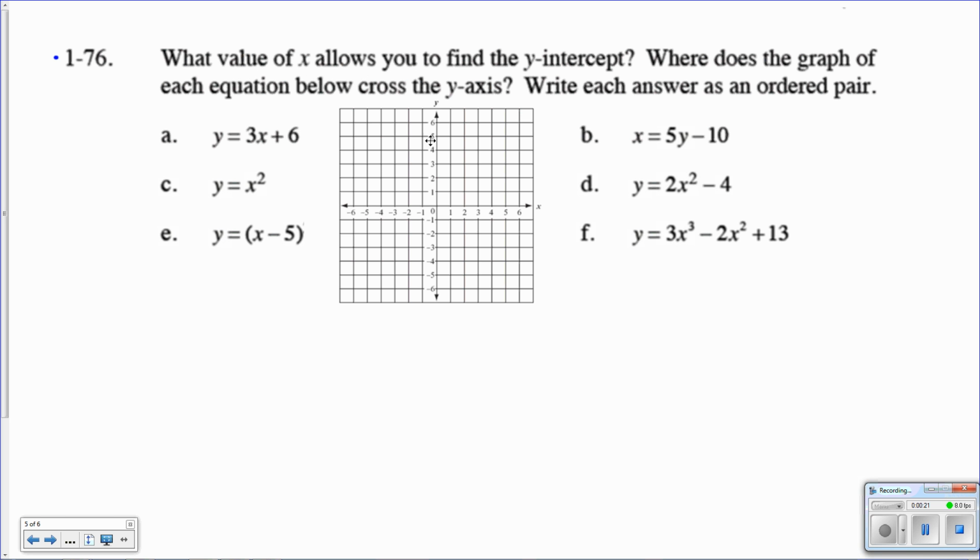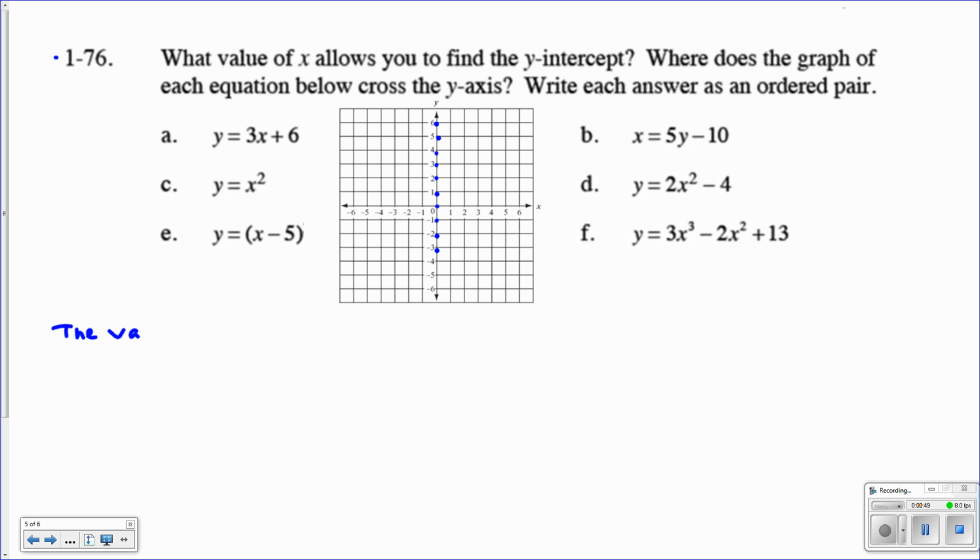If you think about a coordinate plane, like the one I have on here for you, every single point on this line here, the y-axis, has the same x-coordinate. That x-coordinate is going to be 0. So what value of x allows you to find the y-intercept? That value is going to be 0.